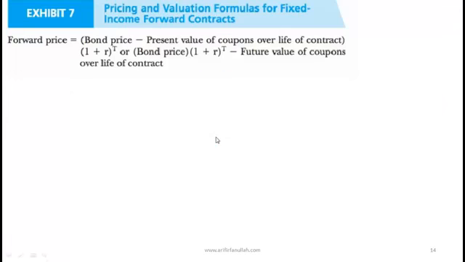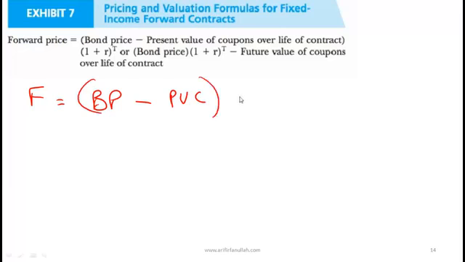Okay, so now moving on to bonds. And the good thing is that what we talked about before is all still relevant. So the forward price for a bond is equal to the bond price minus, what do you think we subtract? Yes, it's the present value of all the coupons.